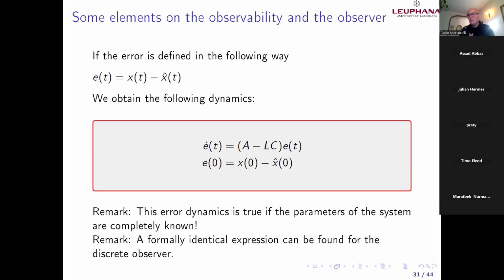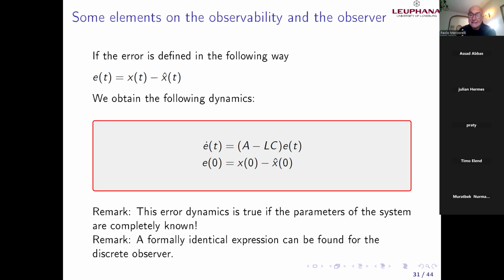Observation means, as I told you last time, that I try to replicate, to reproduce, I try to observe x using the observer. If you want, I can use some different words to give you a feeling for it.